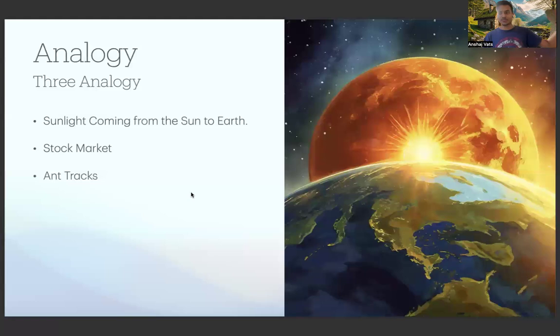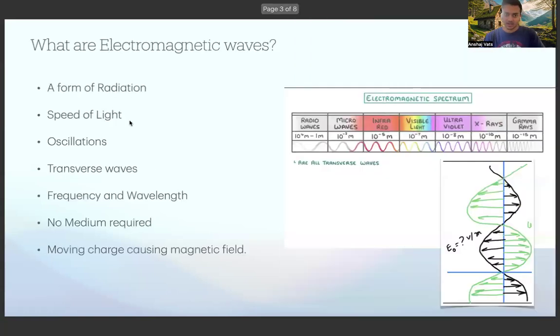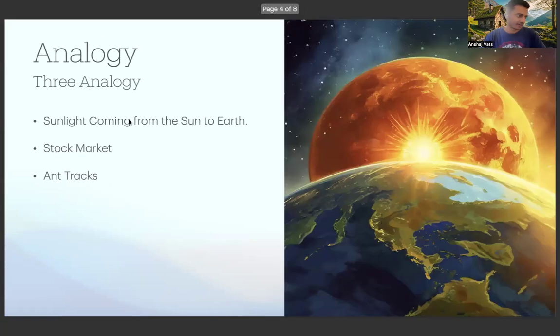Now, that light coming from the sun to earth is visible to us, but we don't hear any sound from the sun. And we all know space is a vacuum, which means that electromagnetic waves don't need any medium to propagate. And they can travel at the speed of light, which is another characteristic of electromagnetic waves.